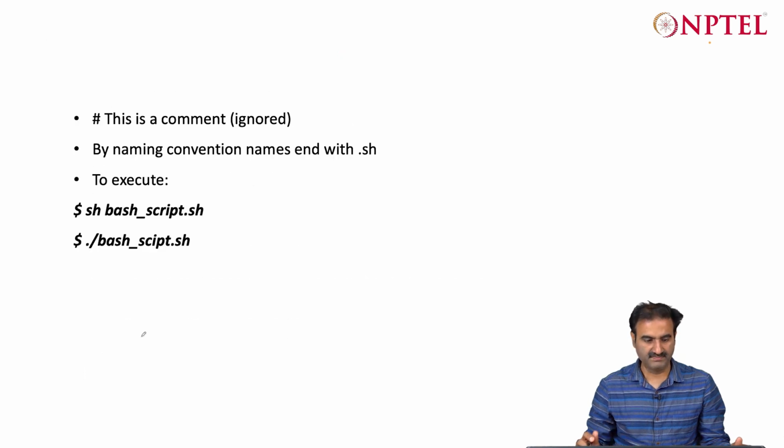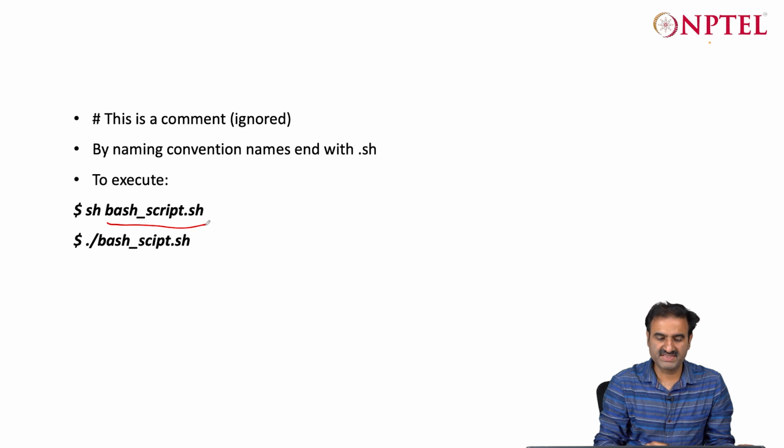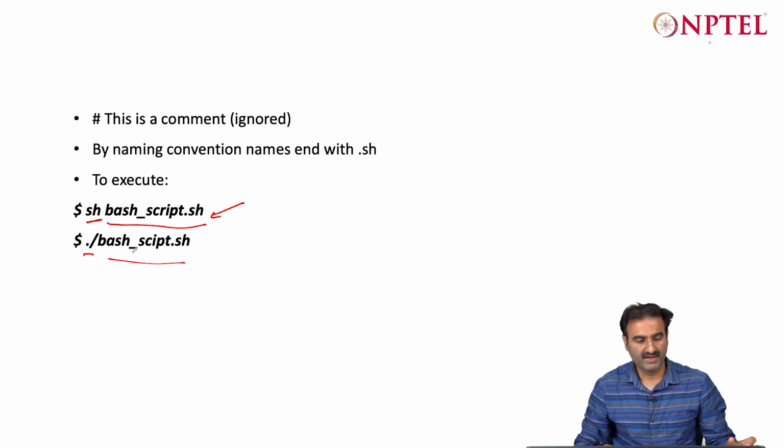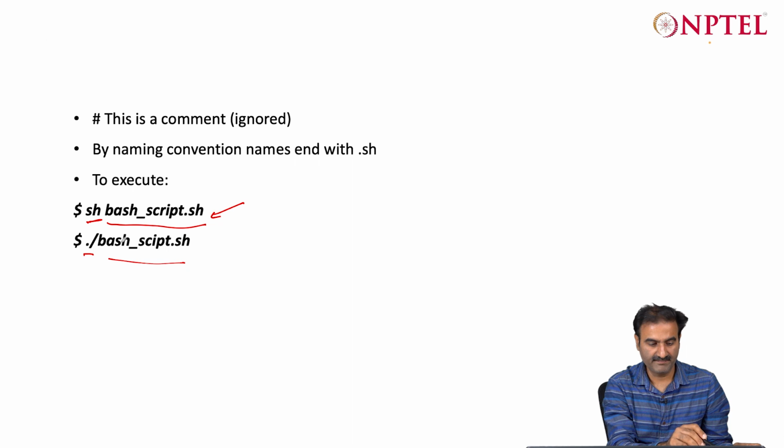So for example, this is a file called bash_script.sh. Whatever commands you have put in this file will be executed. So by typing sh and the file name, or you can just type ./ and the file name, this will also run it. So there are two ways of running a script file: one is sh, then the file name .sh, or second is ./ and the file name.